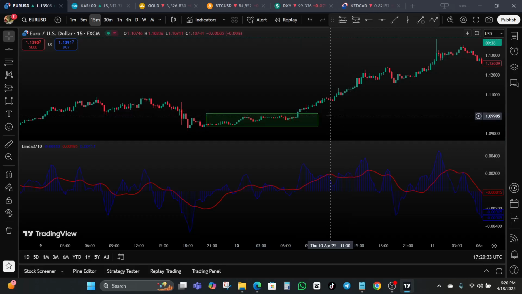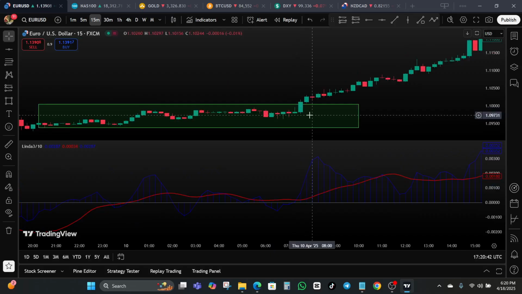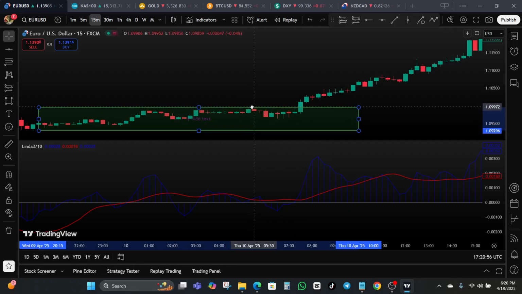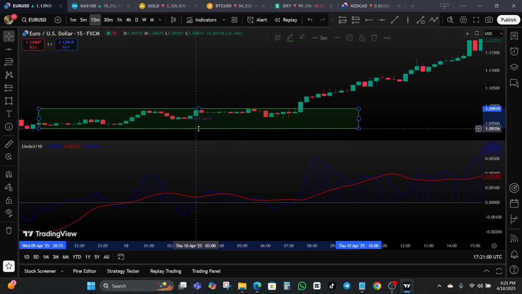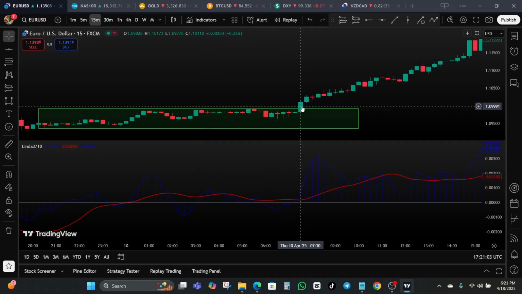Suddenly you get a bullish engulfing candle, a strong bullish candle that has momentum. It might not necessarily be a bullish engulfing, but basically you get a strong bullish candlestick pattern, and it breaks above the resistance of this range.